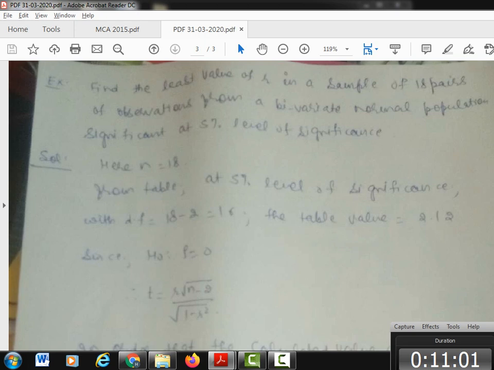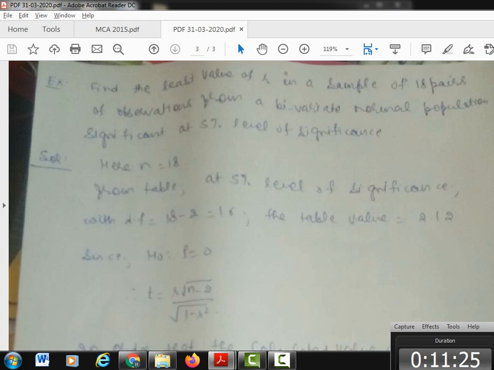Here the null hypothesis is rho equal to 0, and the number of pairs of observations in the sample is given to you as 18. So you can read the solution, that n is equal to 18. Now first of all I will calculate its table value. For the table value I require the level of significance and the degree of freedom.